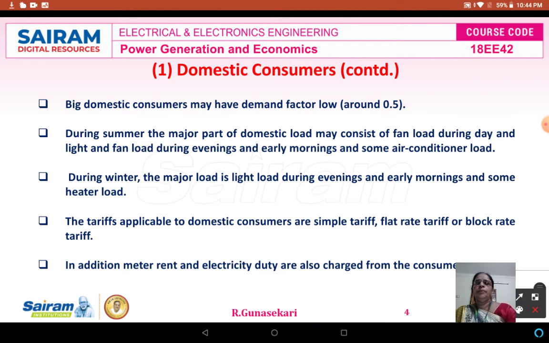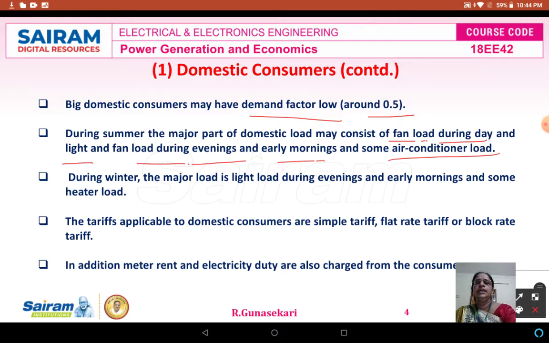The big type of domestic consumers have the demand factor low. Low means 0.5. During summer, the major part of the domestic load consists of the fan load, because it is very hot. That's why we are using the fan load during the day, and light and fan load during evenings and early mornings, and air conditioner load also.